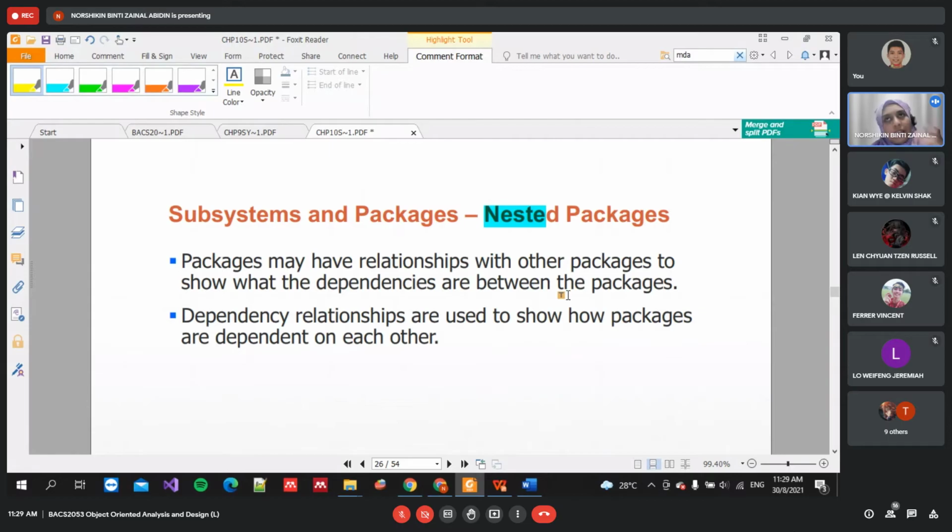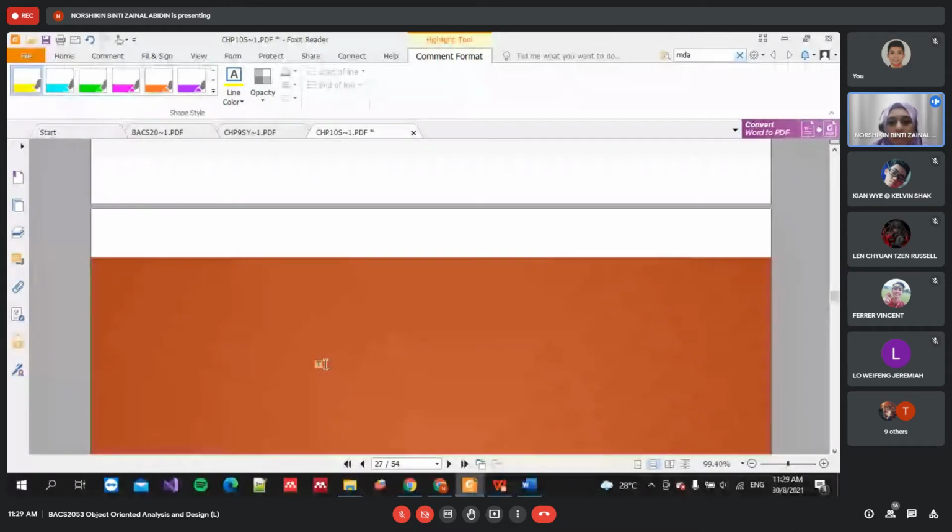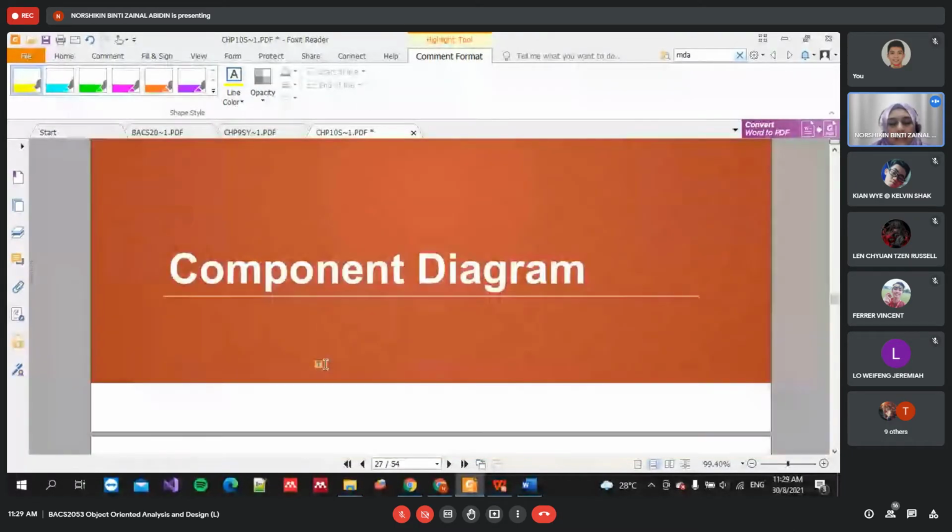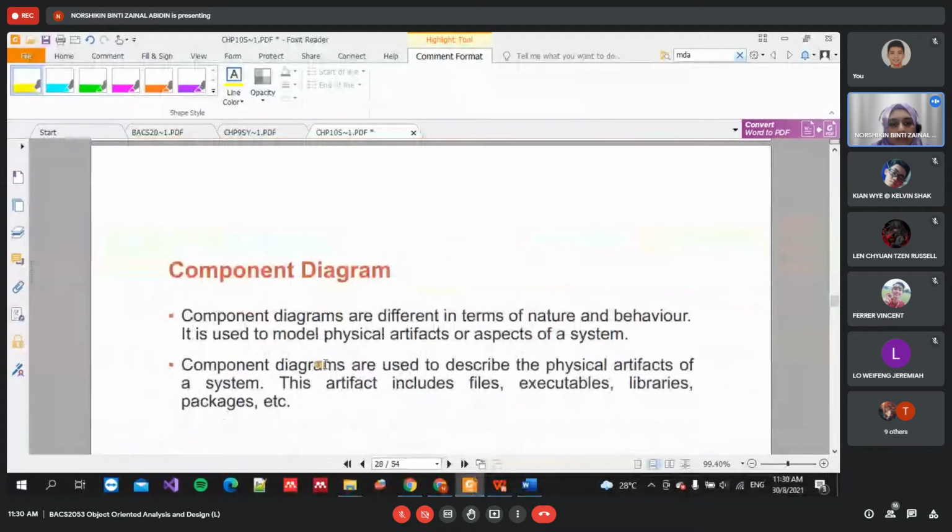They have a function that they need to perform for another function, or this package will affect that package. So dependency relationships are used to show how packages are dependent, related or associated with each other.